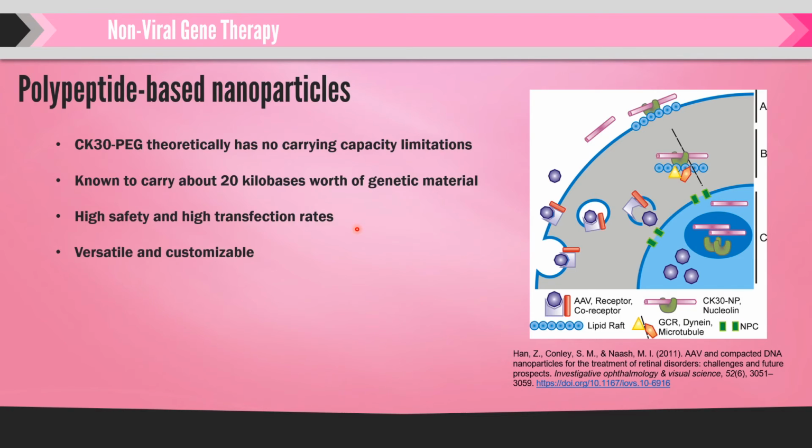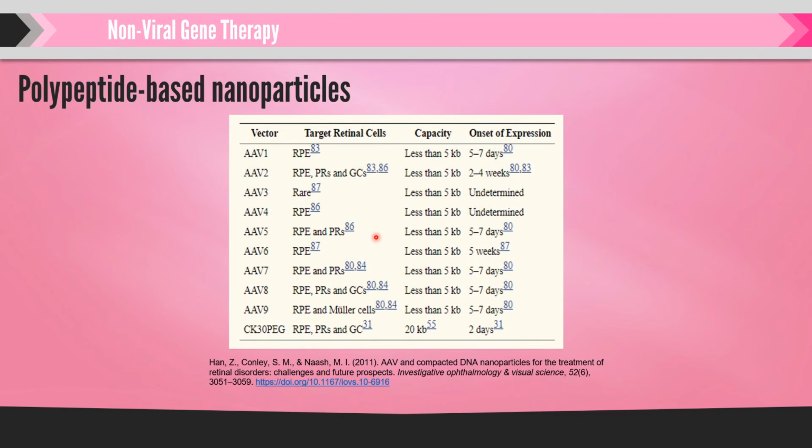They seem to have done pretty well in many different trials. So they're versatile and customizable. They just have many benefits that the AAV vectors offered. And we can actually see here a table that shows all these different vectors, derivatives of the AAV, and then CK30PEG.